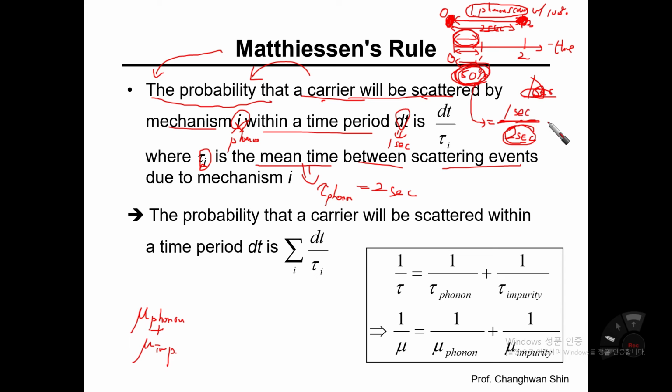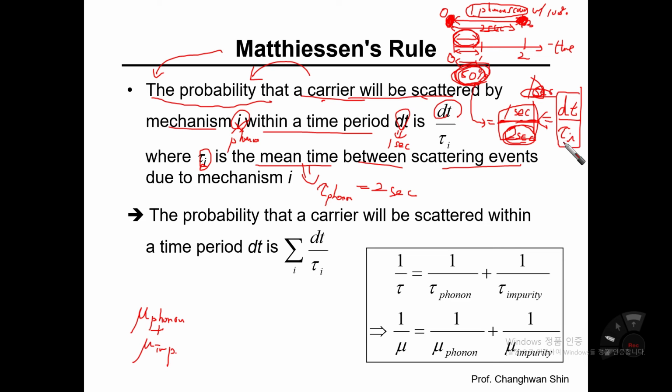This is well matched to the equation: within a very short time period dt, and the mean time between two collisions is tau sub i. This concept is well explained in this equation.